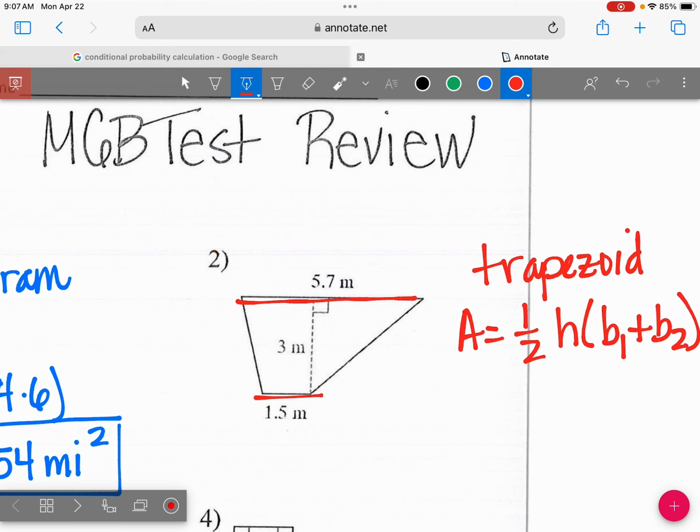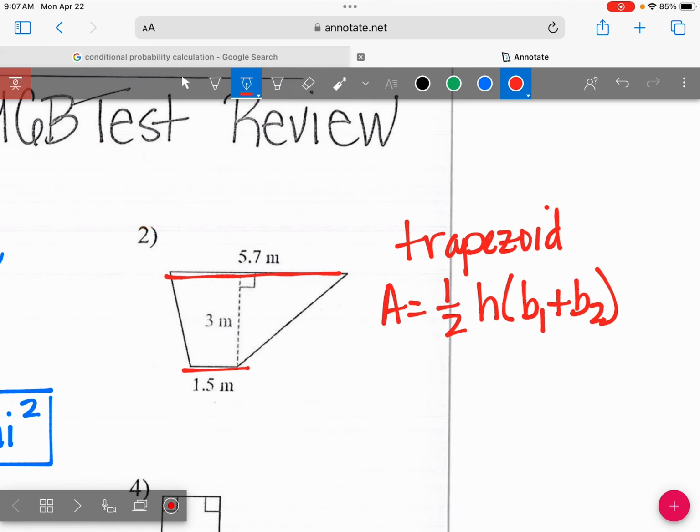So go ahead and copy that down. So this is the height, and these are B1 and B2.